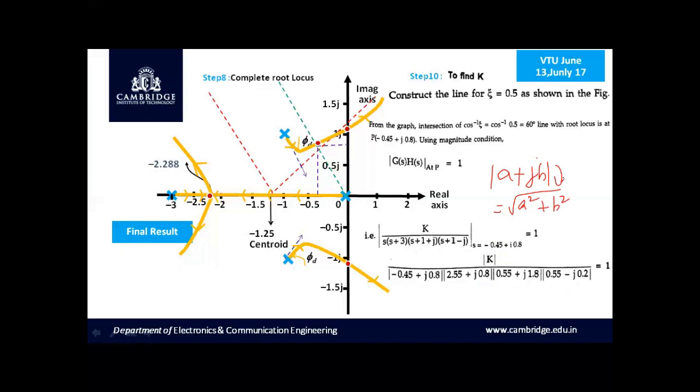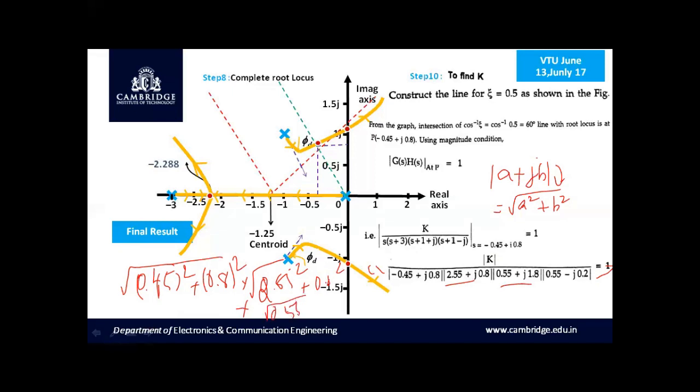Therefore, taking the denominator terms towards the right side, in the numerator, the first term, the magnitude will be given by square root of 0.45 the whole square plus 0.8 the whole square, into the second term, which is given by square root of 2.55 the whole square plus 0.8 the whole square, into, for the third term, it is given by square root of 0.55 the whole square plus 1.8 the whole square.